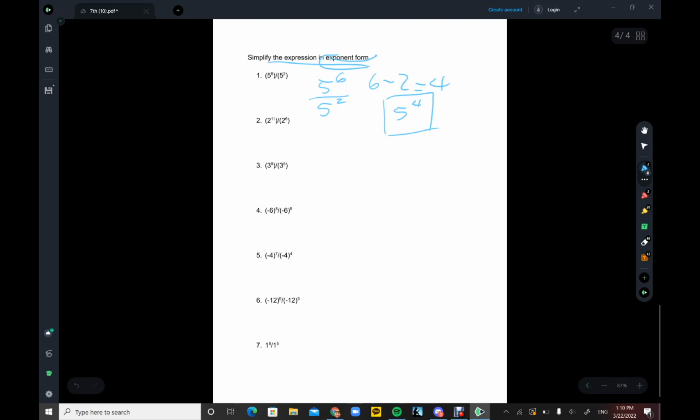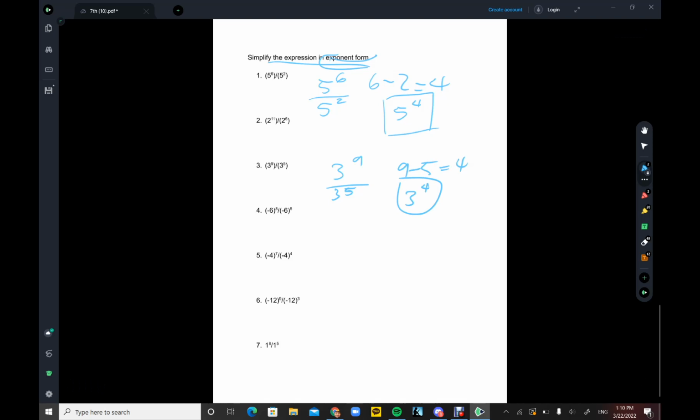Alright, let's try number 3. Number 3, 3 to the 9th power over 3 to the 5th power. 9 minus 5 equals 4. So your answer would be 3 to the 4th power.